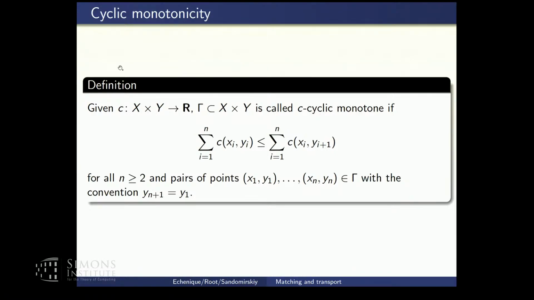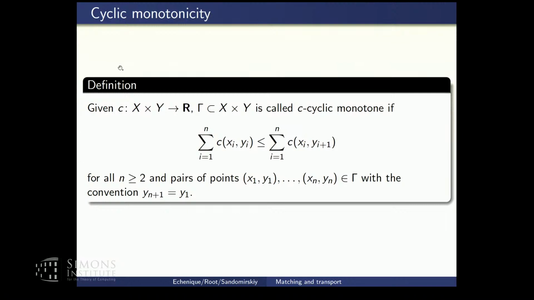A subset of the product x and y is called cyclically monotone if I form sequences of pairs and I look at the sum of the cost of the pairs, and I shift one of the elements of the pair by one. The summation is mod m, so that y_{n+1} equals y_1. Then this inequality has to hold.